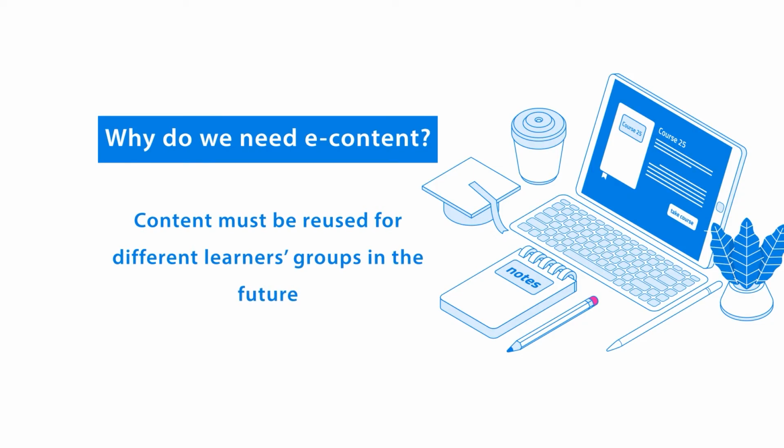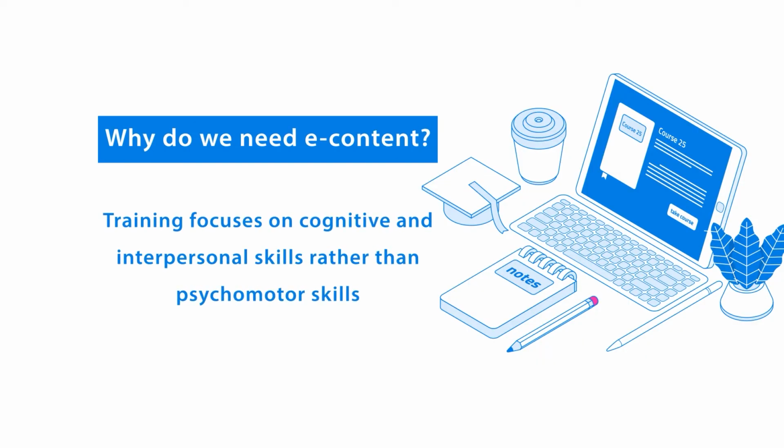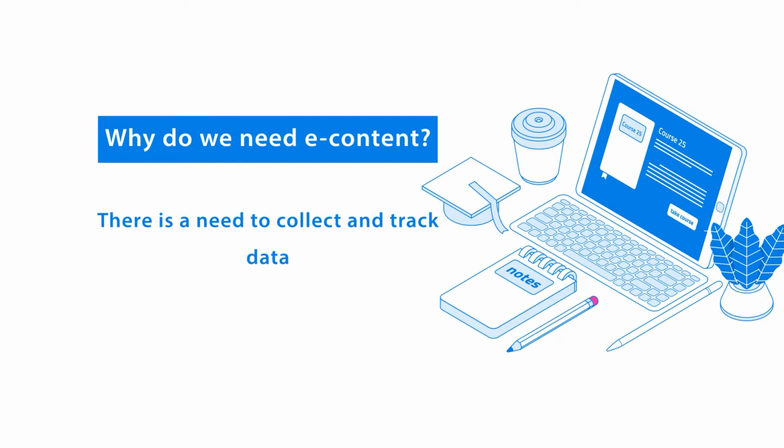So, when we provide you e-content, it can be reused for different learning groups at different places also. If we use e-content for training, training focuses on cognitive and interpersonal skills rather than psychomotor skills, and when we develop e-content, we also need to collect and track the data on how you are using the e-content. So, LMSs are there which help us to track and collect the data.